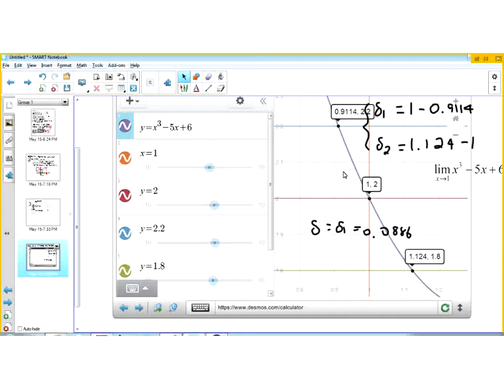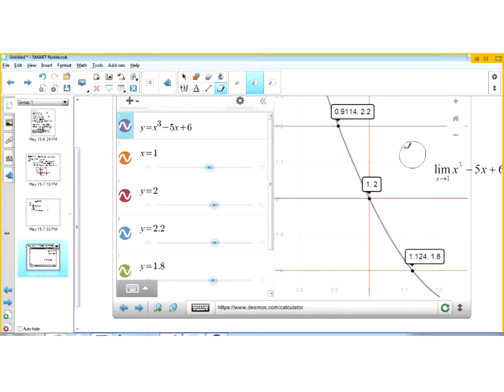Of course, we did it for epsilon equals 0.2, but how many positive epsilons are out there? Well, an infinite number. So we really have to do it for every positive number. And obviously, we can't do this an infinite number of times. So we need a more compact way of demonstrating that this limit exists. But this would be a graphical example of one case. So let's do a formal proof.